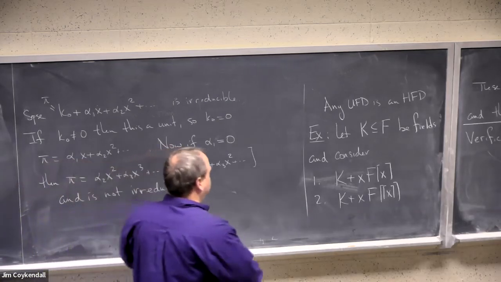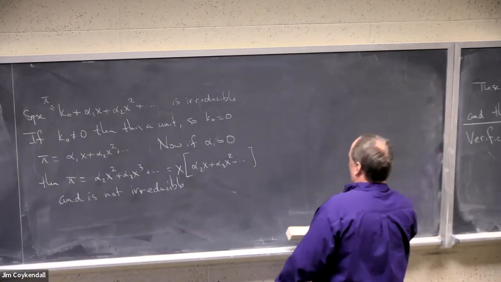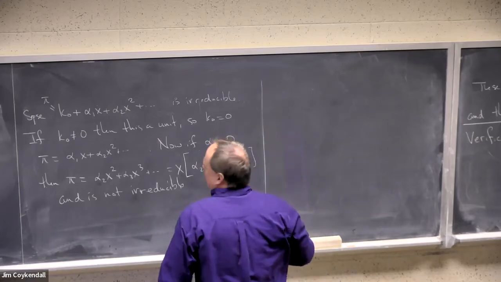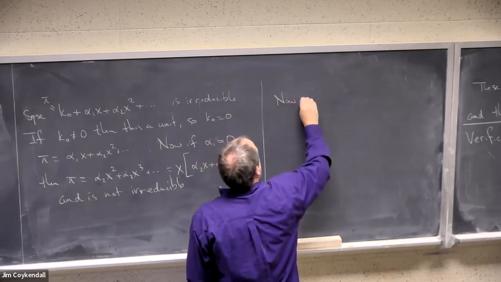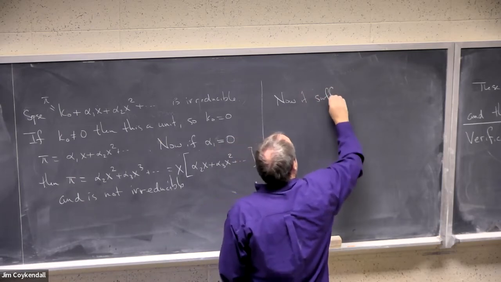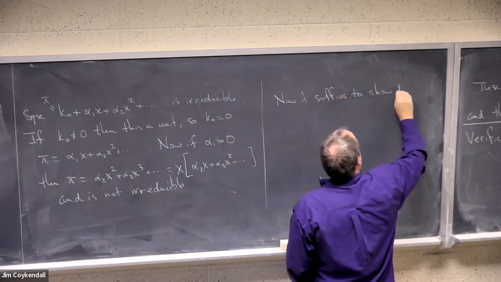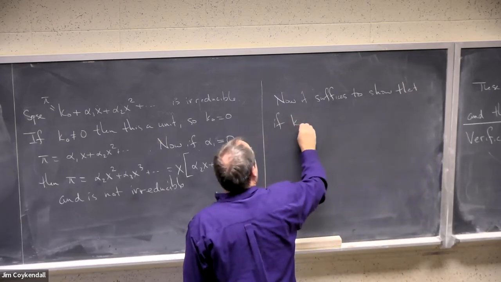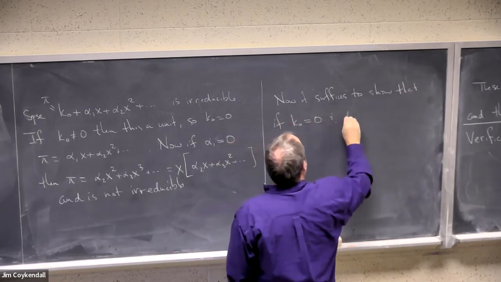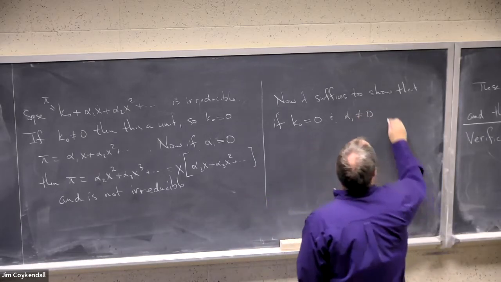Now for the other direction. So now it suffices to show that if K zero is equal to zero and alpha one not zero, then pi is irreducible.